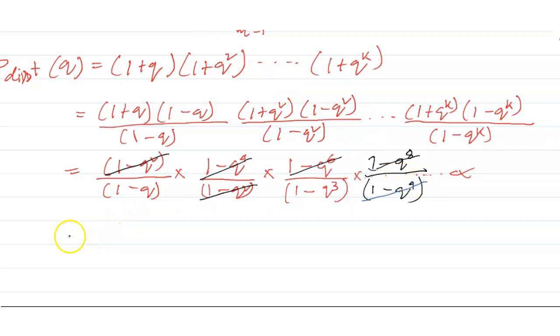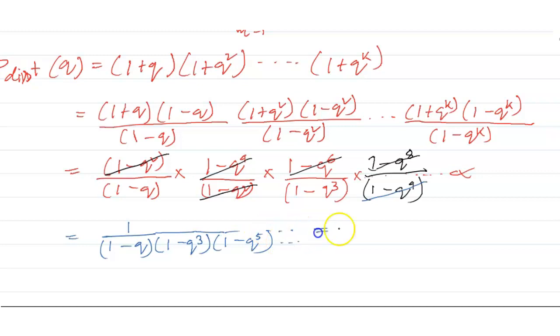And whatever I get, friends, I get 1 divided by 1 minus q into 1 minus q cube into 1 minus q to the power 5 up to infinity.